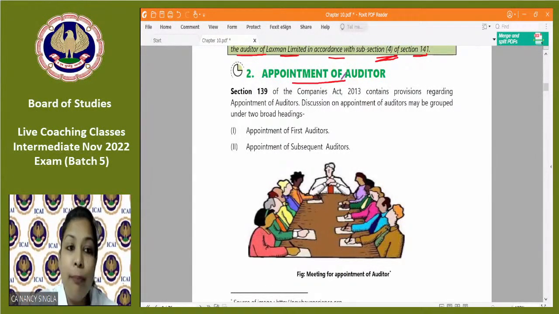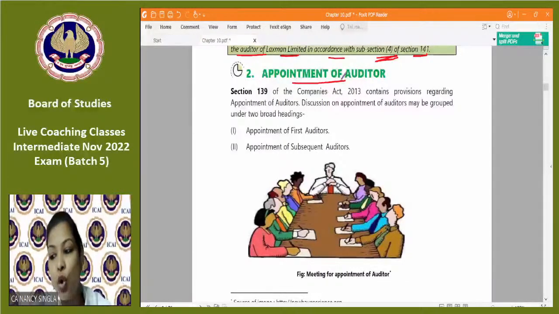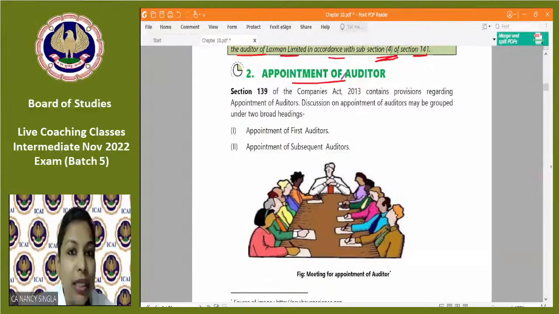Okay. Before starting with section 139, let us just discuss two concepts here. That is, what is a government company and who is Comptroller and Auditor General, CAG. Why?